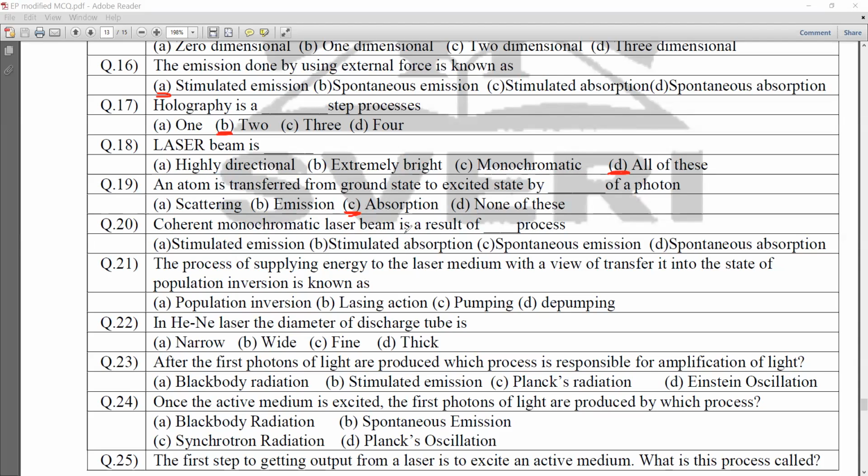The next, coherent monochromatic laser beam is a result of dash process. What gives us coherent light? It is because of stimulated emission. The process of supplying energy to the laser medium with a view to transfer it into the state of population inversion is known as pumping.